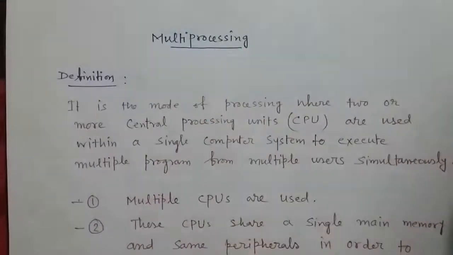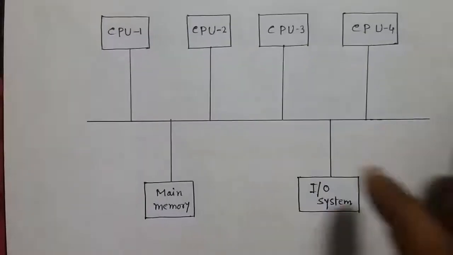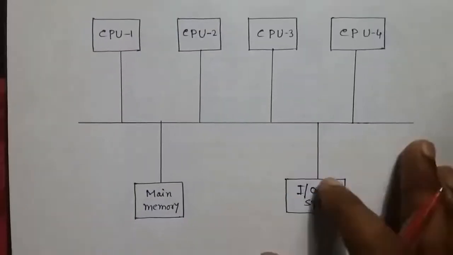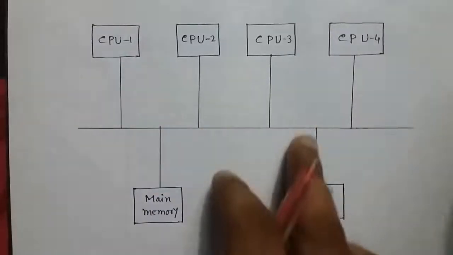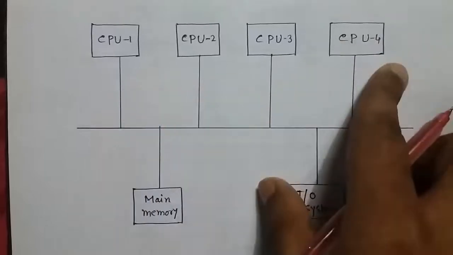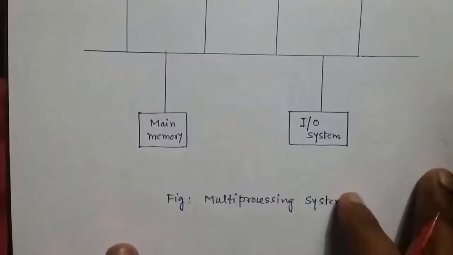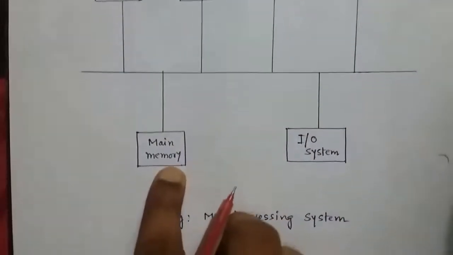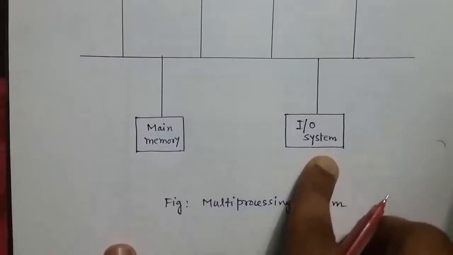Now we will see the diagram of multiprocessing. As you can see here, as it is a multiprocessing system, multiple CPUs are there. So CPU 1, CPU 2, CPU 3, CPU 4. So 4 CPUs are there, that means multiple CPUs. And every CPU is connected to the same main memory, and they are sharing the same peripherals.